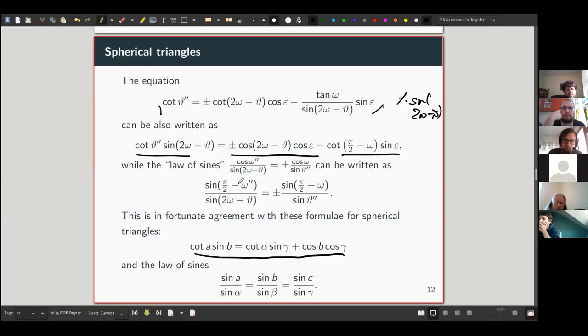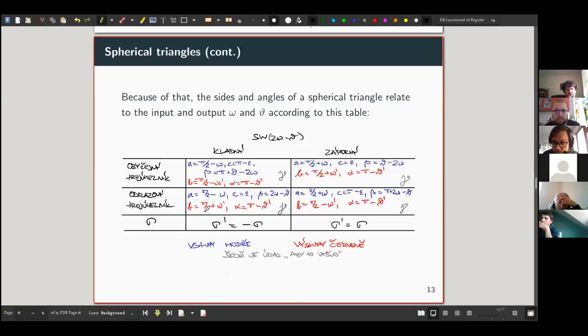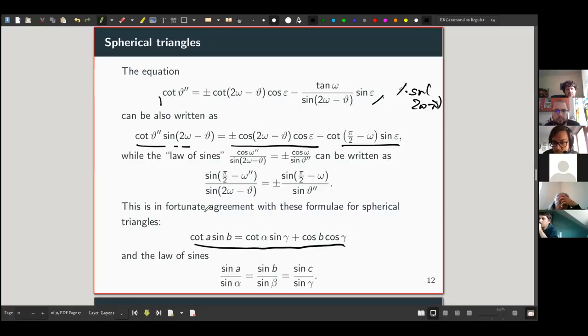And now you can see that we can just assign the sides and angles of the spherical triangle to some of those parameters of our problem, and it will give the correct formula. So yeah, let's get to this table later.